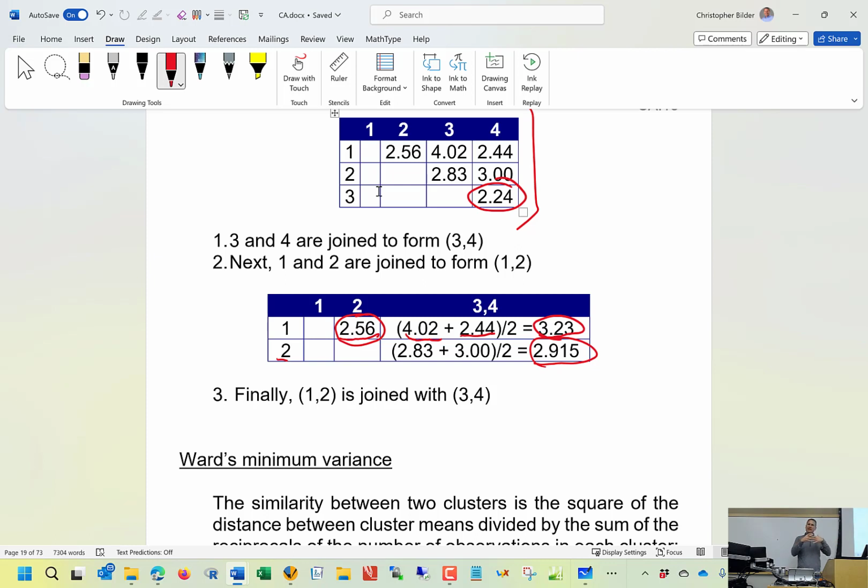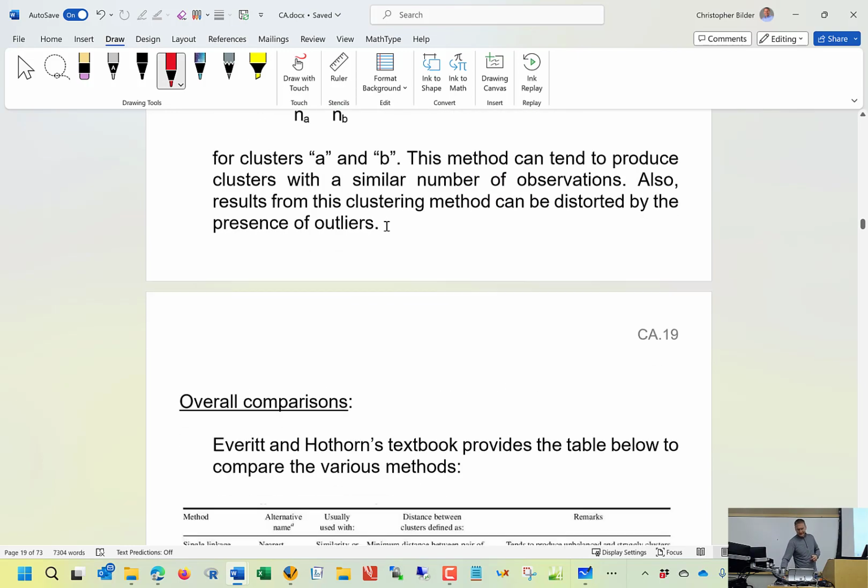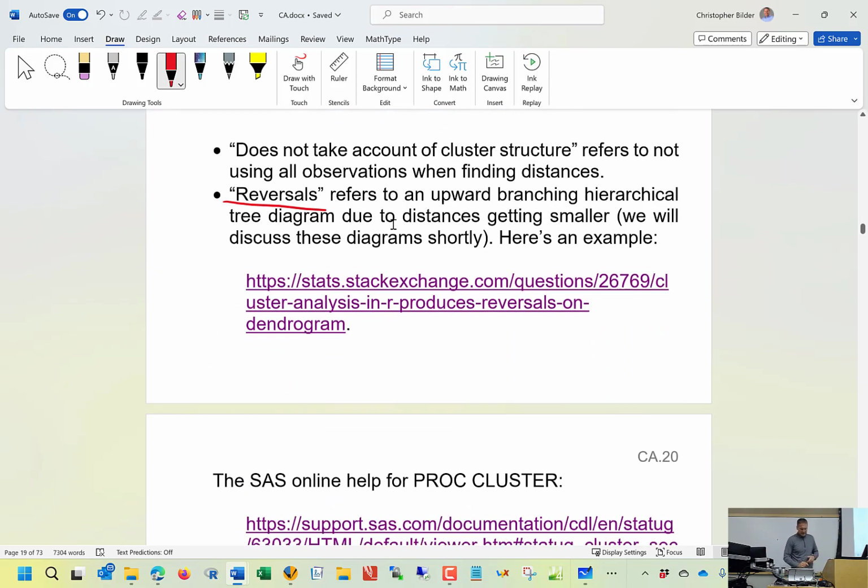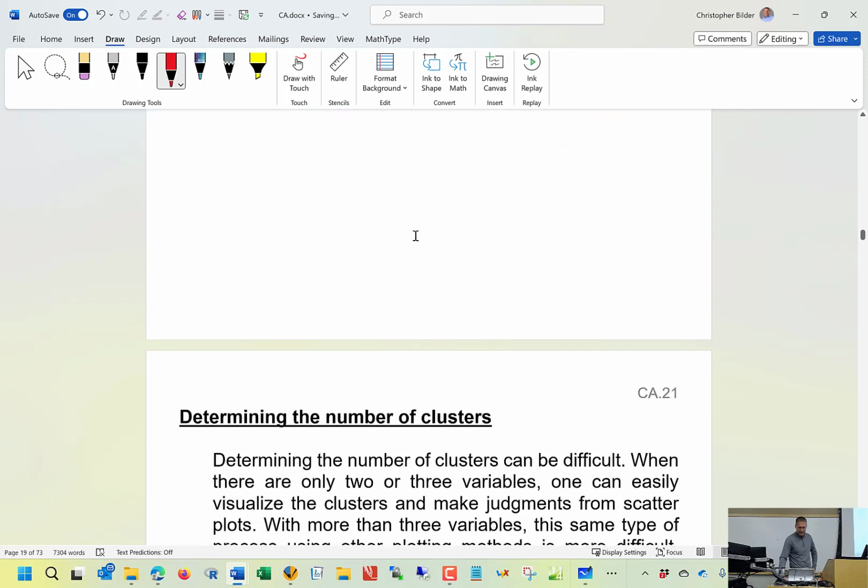But because of how the distances between clusters are actually computed for a centroid and an average, that can happen. I'll talk more about that later. Now actually doing this in a class, maybe I should have held off on that, but we will hopefully come back to that and see a nice plot that shows how that can happen.